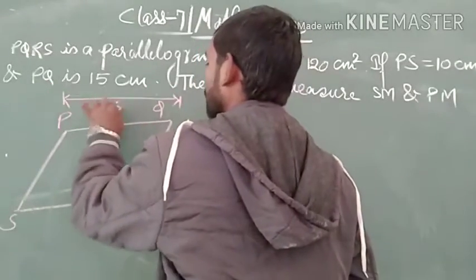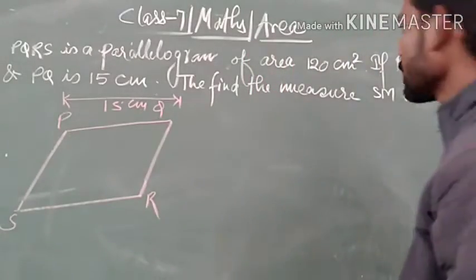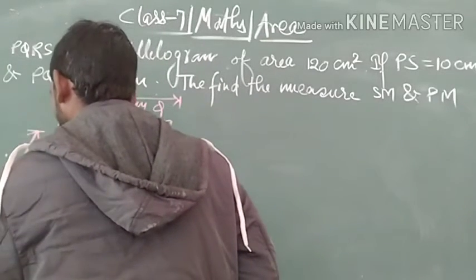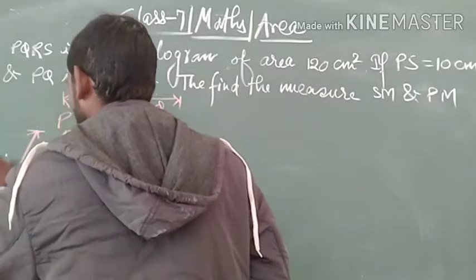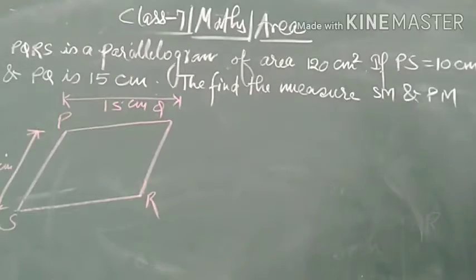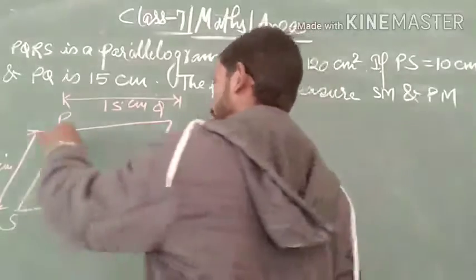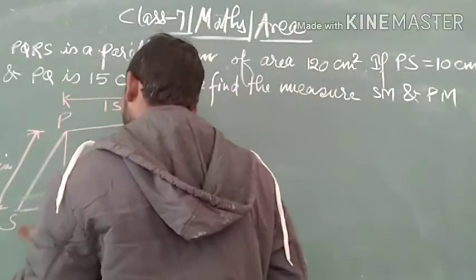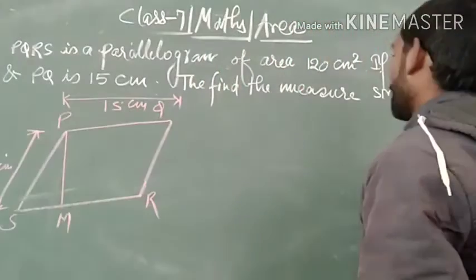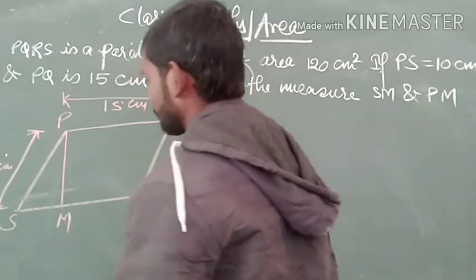PS is 10 centimeter. Then we have to find the value of SM. What is M? M is the point on which we have to draw the perpendicular from the point P. This is M. And here we have to find the value of PM and SM.